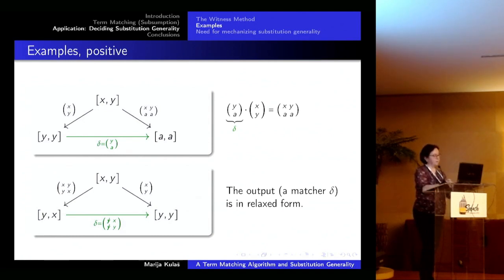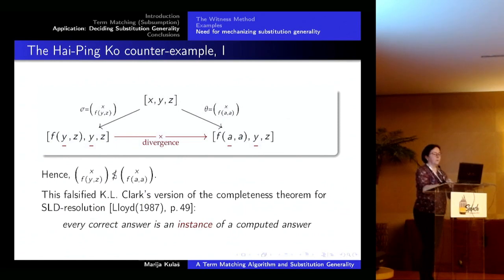And the example below is what we had as a question. The renaming on the left side is indeed more general than the other. Then it's reduction on the right. And here we also see that the produced substitution is really in the relaxed form because it has one passive pair here.